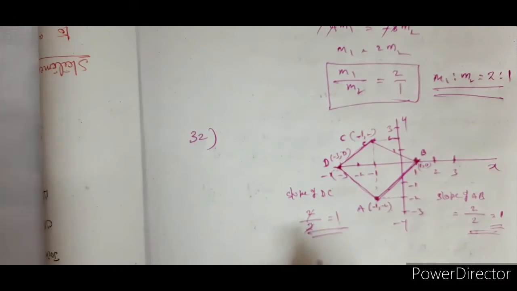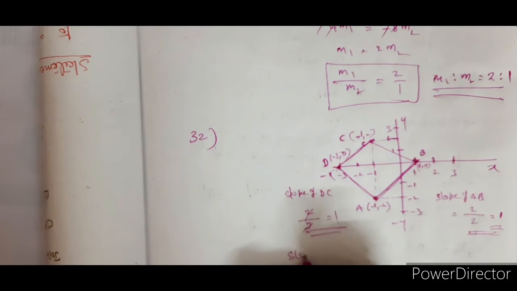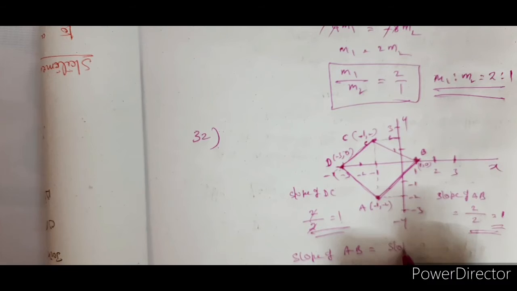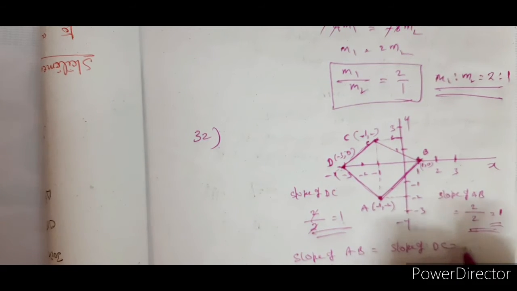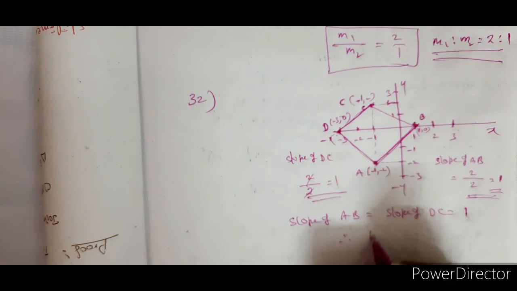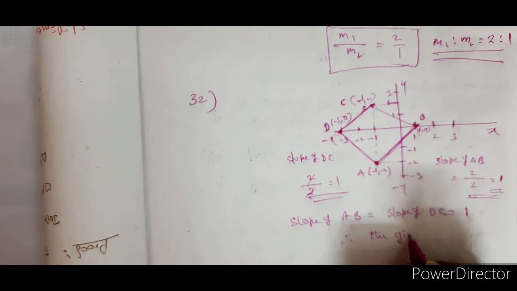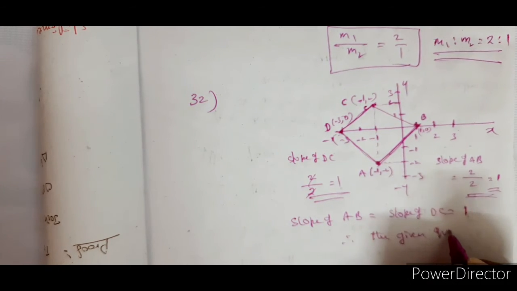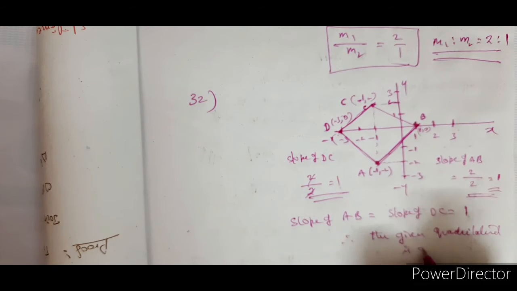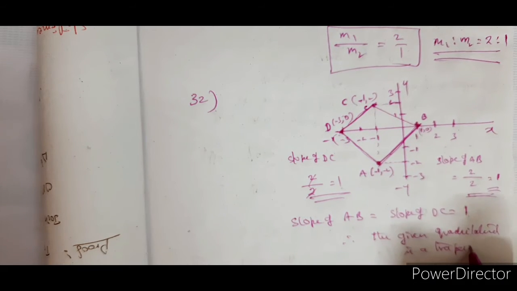So what is the statement that you need to write? Slope of AB is equal to slope of DC is equal to 1. Therefore, the given quadrilateral is a trapezium.